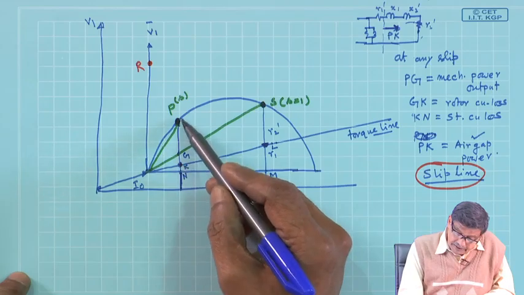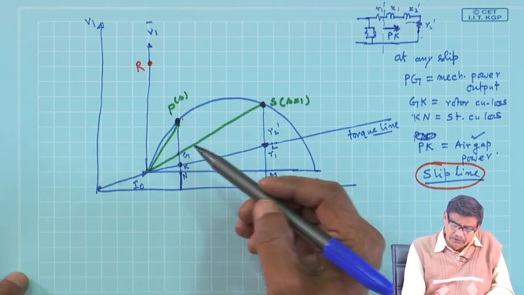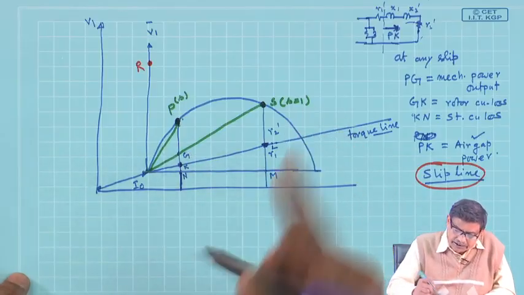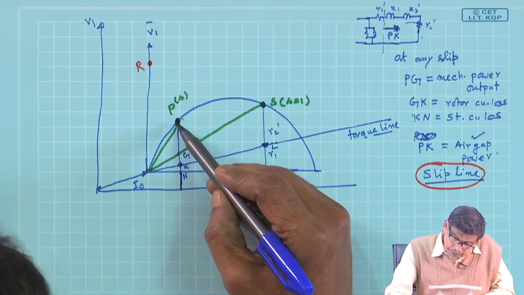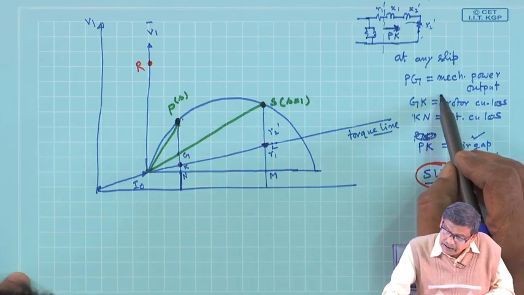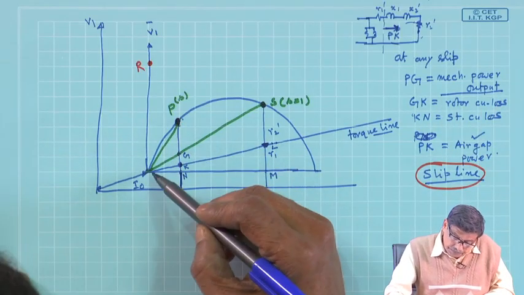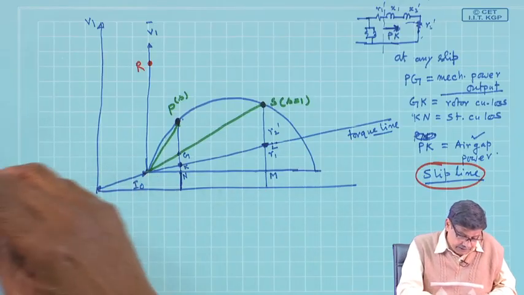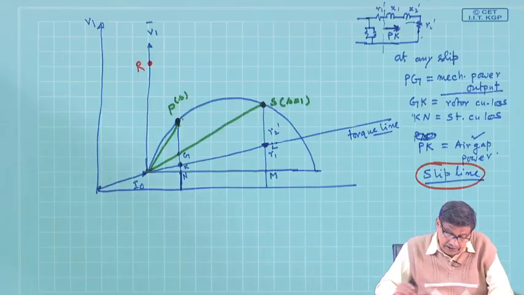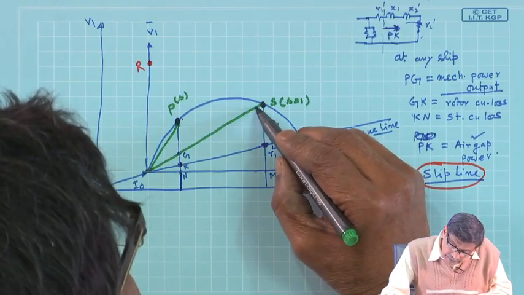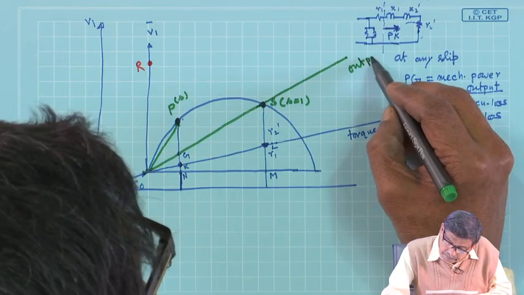P k gives you a measure of the torque, because air gap power in synchronous watts, divided by 2 pi n s, gives you the torque. And this P g is the mechanical power output, this length. Therefore, the intercept between this and this is called the output line.